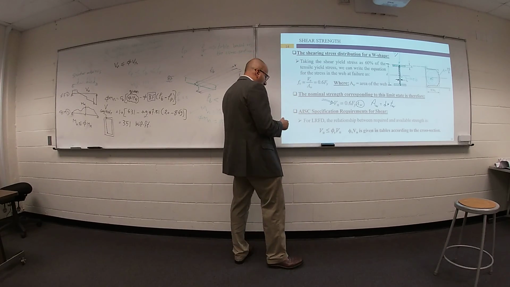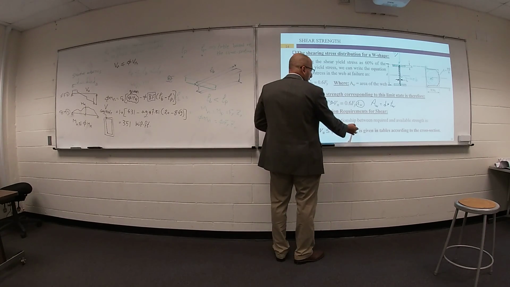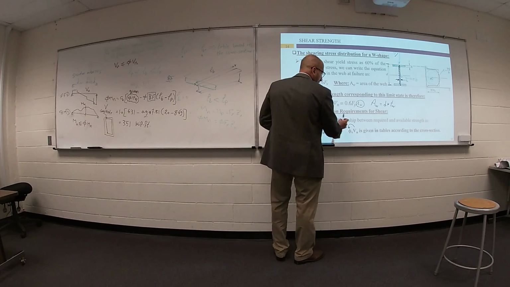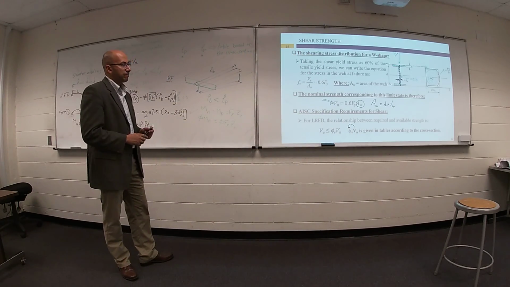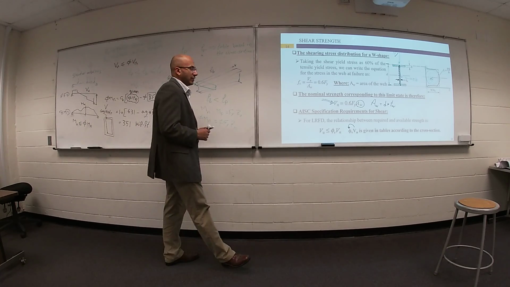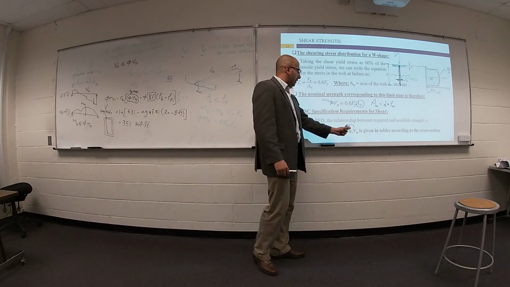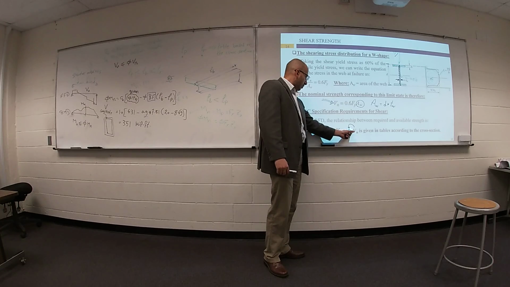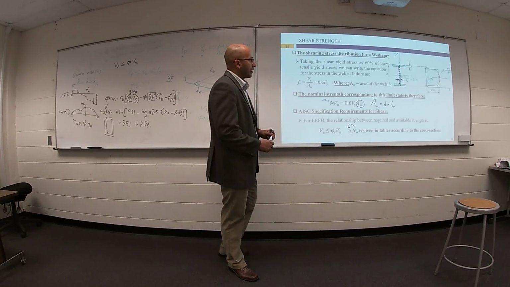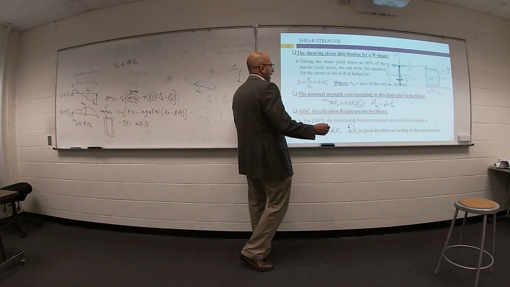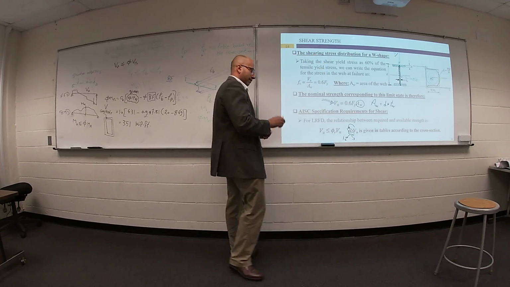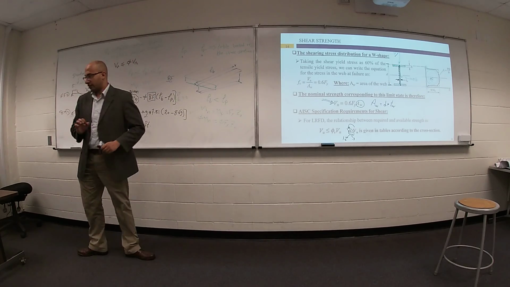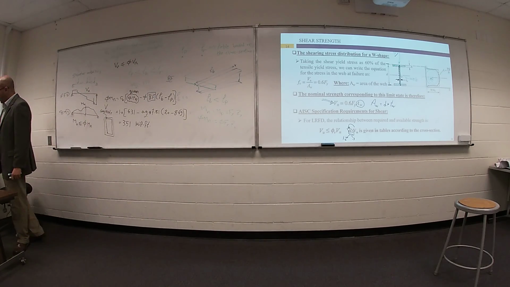Your design shear must be multiplied by phi V to get your design. Your nominal must be multiplied by phi factor to get your design shear. And phi, we have different values for phi. You can assume it 0.1, take it 1. Actually, it's more complicated to determine the actual value of phi.